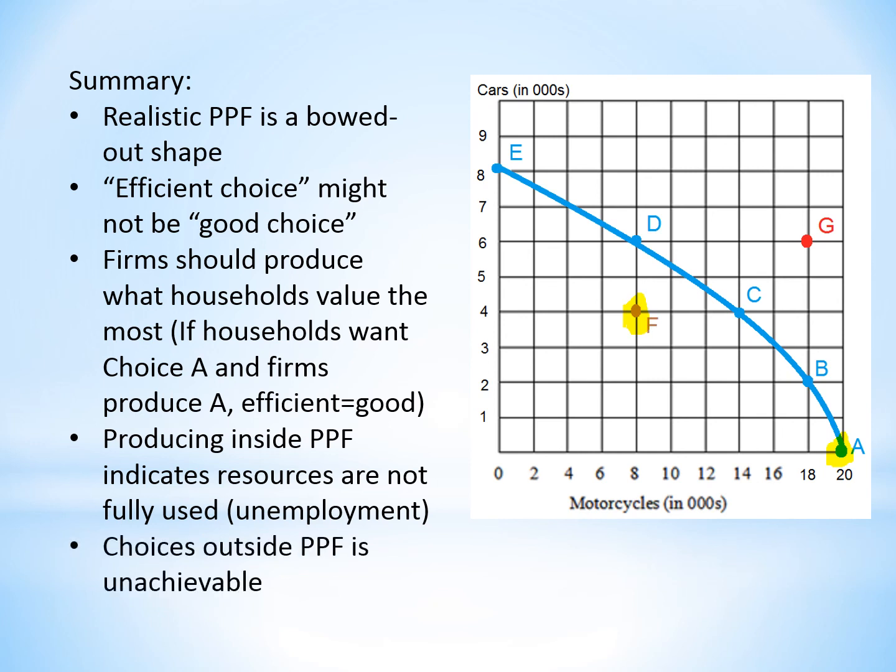And then choices outside the PPF are unachievable. Suppose people say, well, we want to produce at G, produce more. Well, we don't have those resources, so the firms cannot meet that want. Okay, all right. So this is the end of this part. I'll see you in the next part of chapter 2.